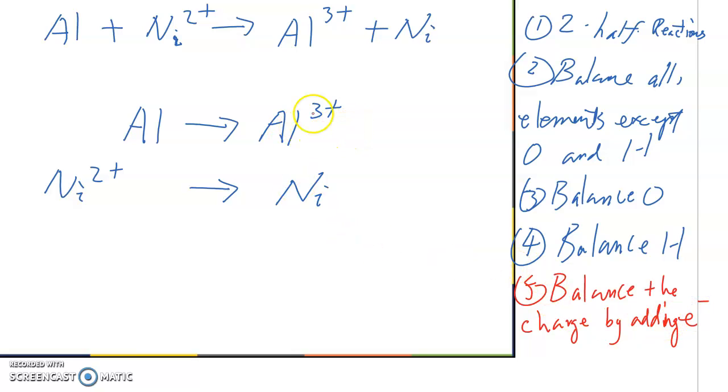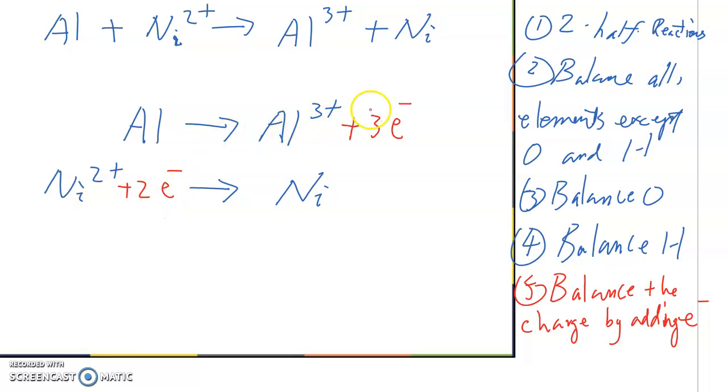Over here, is the charge balanced? No. On the left side, there's no charge. On the right side, I have 3 positive. So what I can do is add 3 electrons to it to make it neutral. Over here, I add 2 electrons to the left side. Now it is balanced. So what is next?